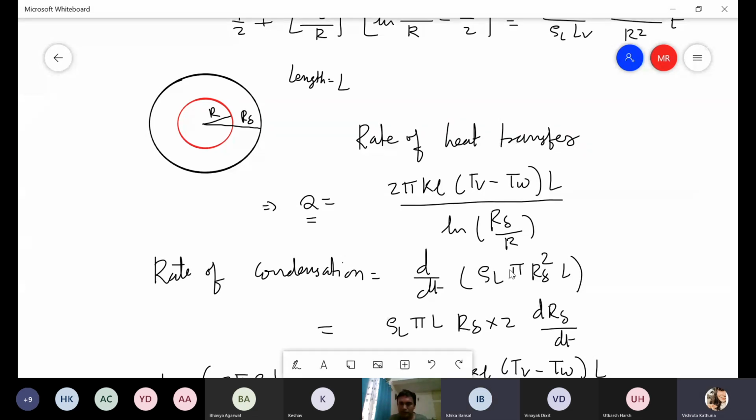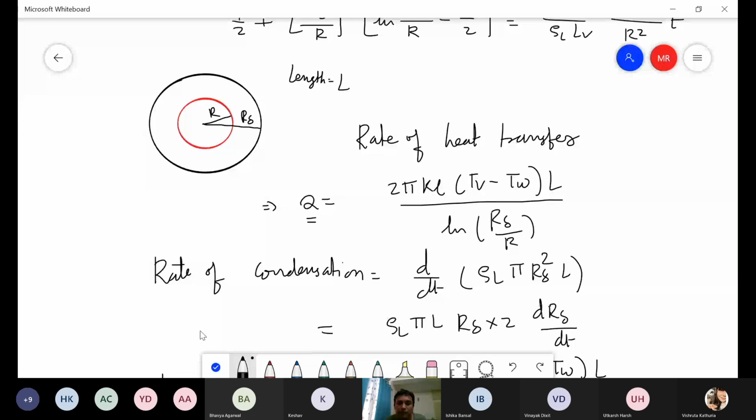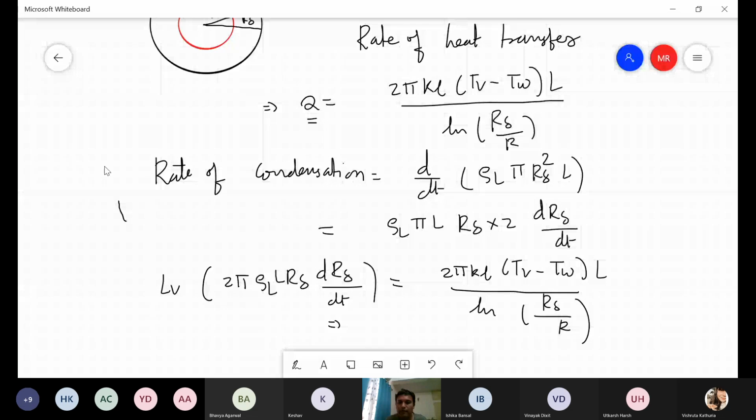Sir, I guess the final expression will still remain the same because r is a constant, so the derivative is going to become zero. Yes, yes, yes. But we have to put it the correct way.